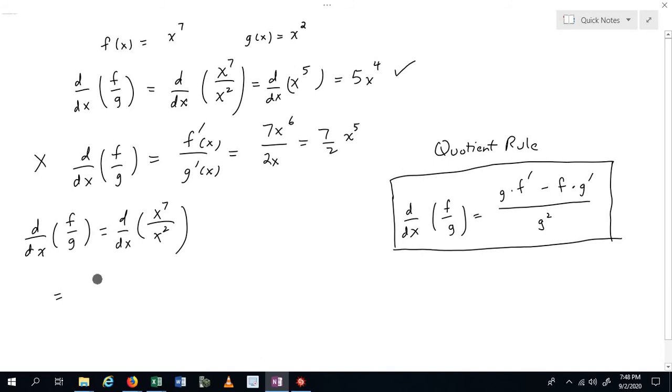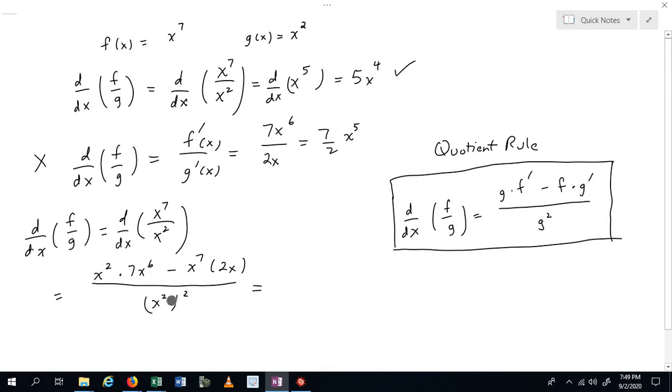Okay, so it's x squared. And then f prime, that's the derivative of the high function. So the derivative of the high function will be 7x to the 6th, minus f, which is the high, x to the 7th, times g prime, which is the derivative of the low function, so 2x. And then all of that's going to be divided by g squared, so the low function squared.